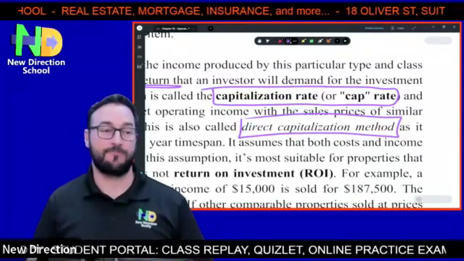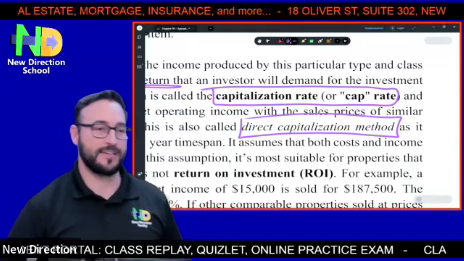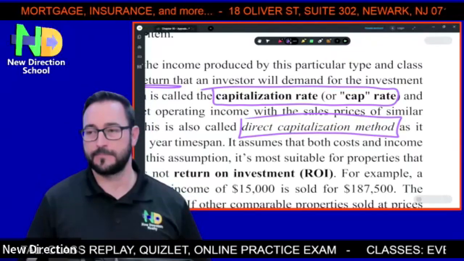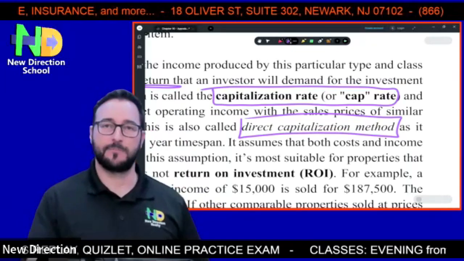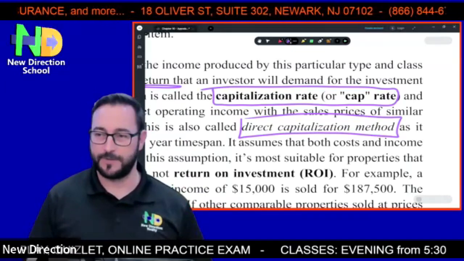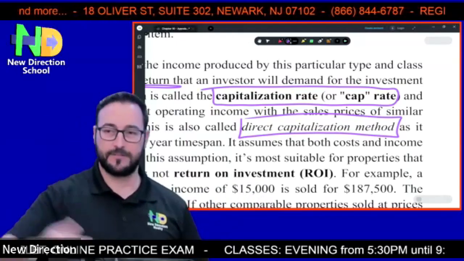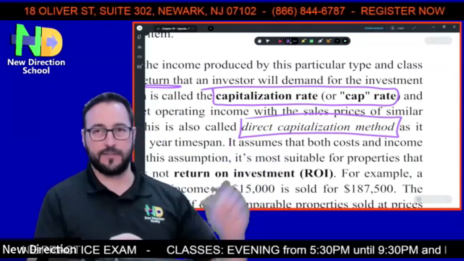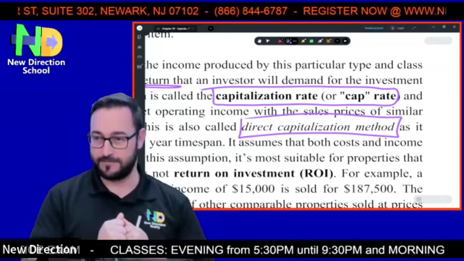The cap rate, that 5% cap rate, that 7% cap rate, that 10% cap rate, what would you like it to be? A higher number or a lower number? Higher number? A higher number, it's a bigger stress on the property. So it's actually worth less. The lower the number, the more it's worth. Because the direct capitalization method, the cap rate, is how much money am I getting back every year?